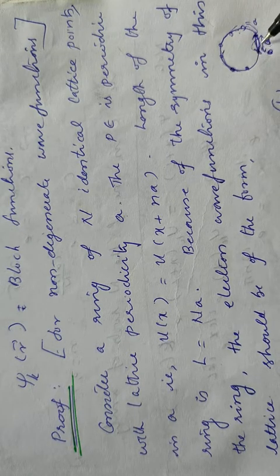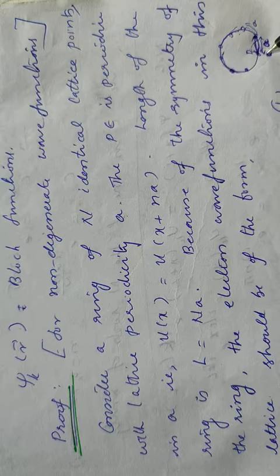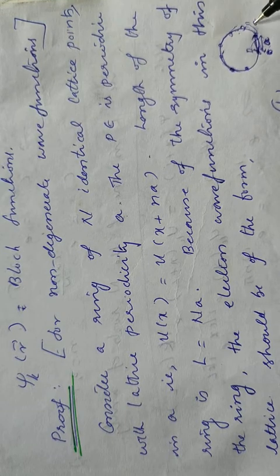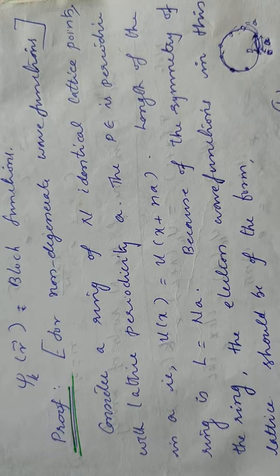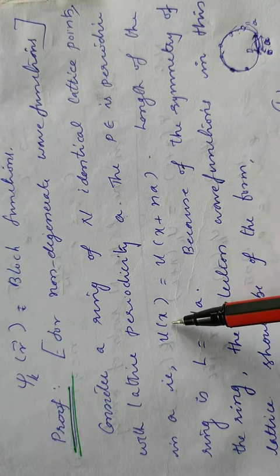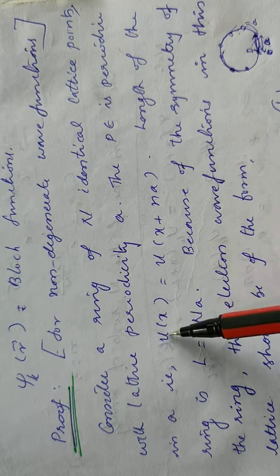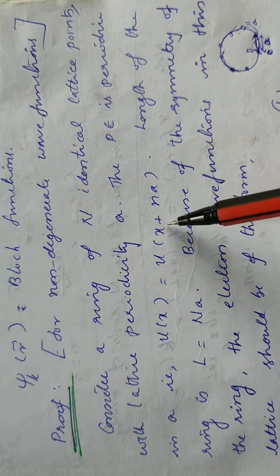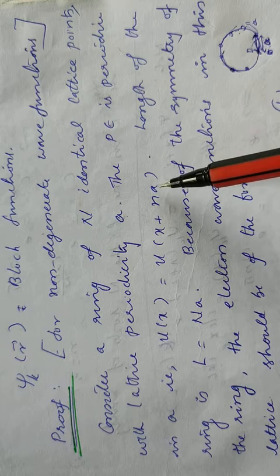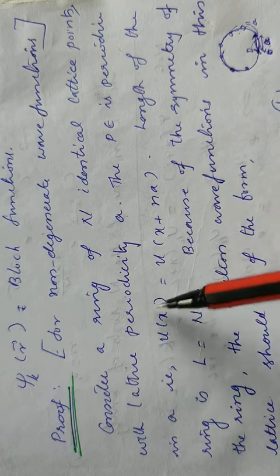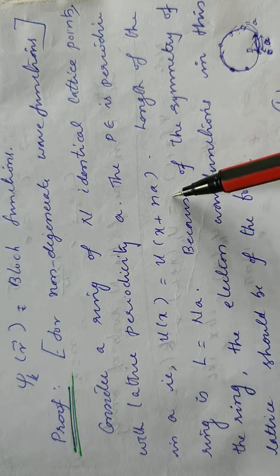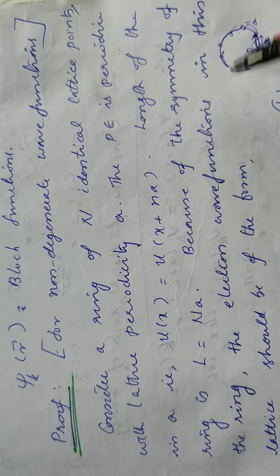So the distance from the reference point to the next lattice point is A, to the second is 2A, to the third is 3A, etc. So the function u of x can be written as u of x plus n a. Here we are considering the one-dimensional problem.